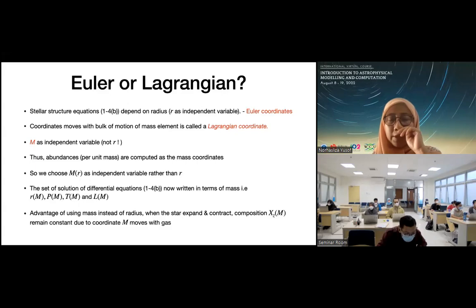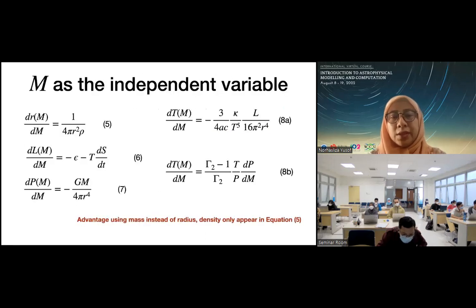If we use radius, we have difficulty, because at a particular mass we don't want the abundance to change rapidly. This is also due to stability when we want to calculate stellar evolution. All right.